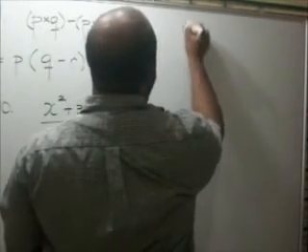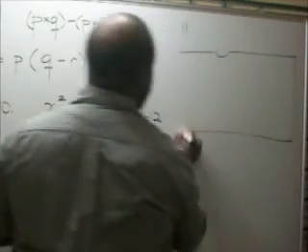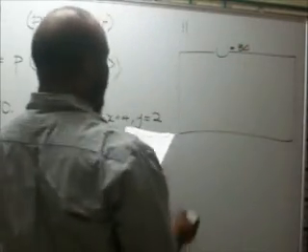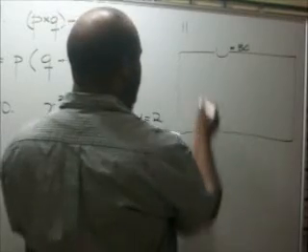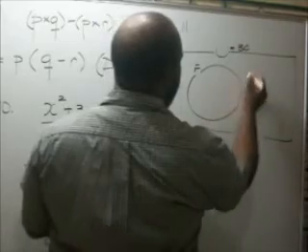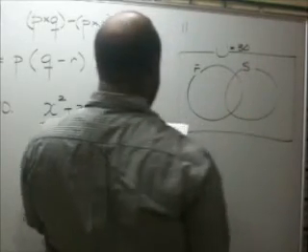So we have a universal set, which is a class of 30 pupils, and we're looking at those who like French, and we also have Spanish.